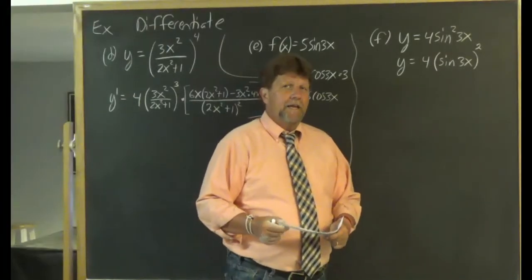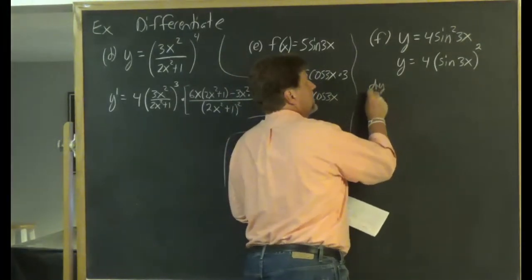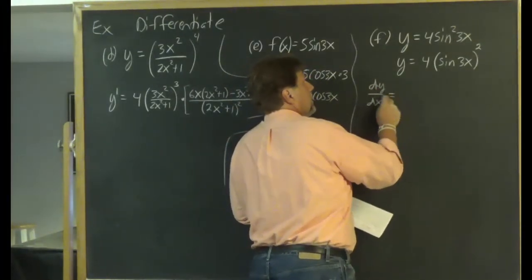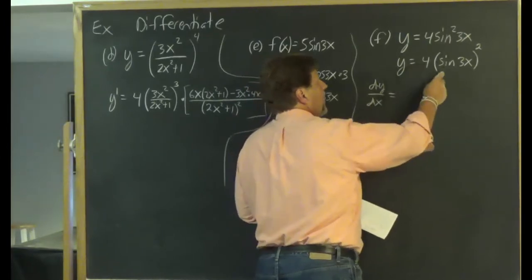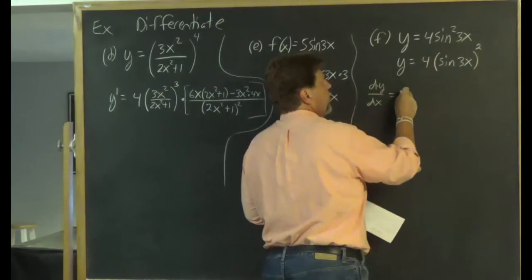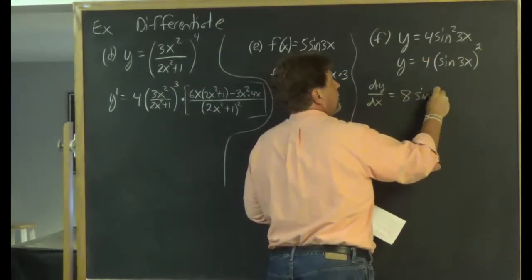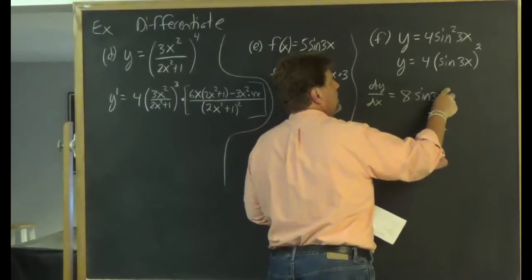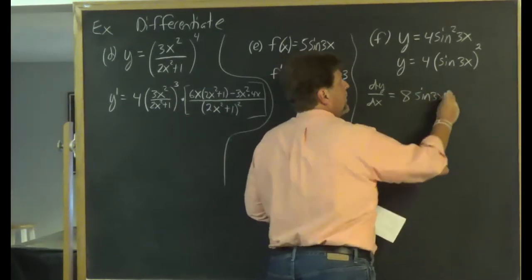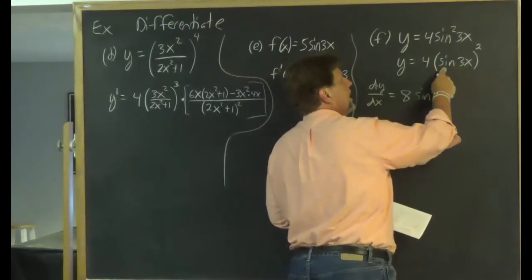Okay, here we go. Let's see how you did on part F. Here I'll call the derivative dy dx. So I start off, all right, the outside function's a 2, so the 2 comes out front. 4 times 2 is 8. Then we'll have sine of 3x, raised to the first power, times, okay, now I have to do the derivative of the inside function.